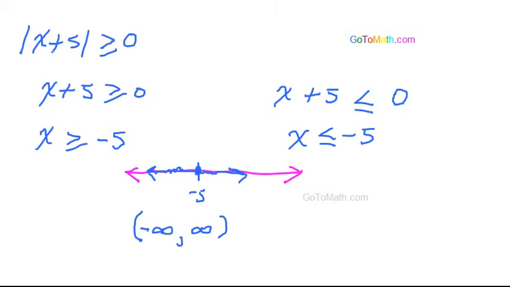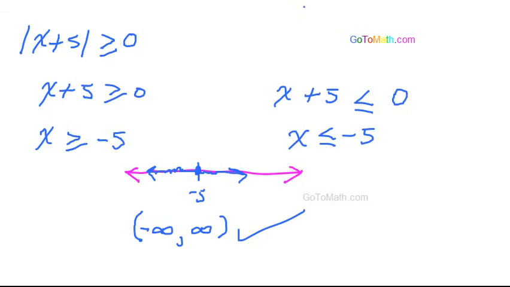And if this is any negative number inside here, it's going to be positive. And so that positive number is always going to be greater than or equal to 0. So what we end up with is everything on the number line.